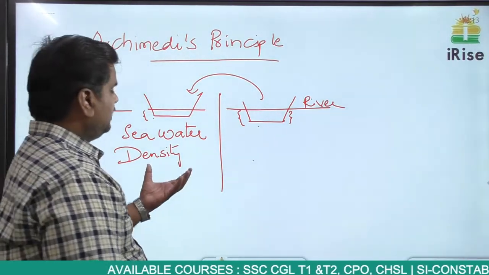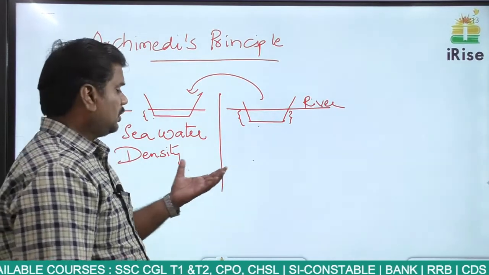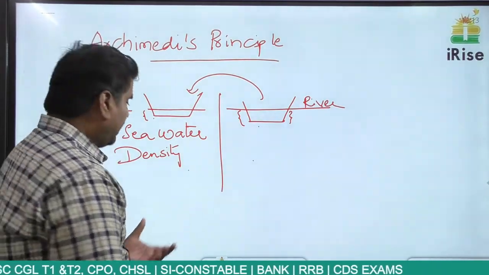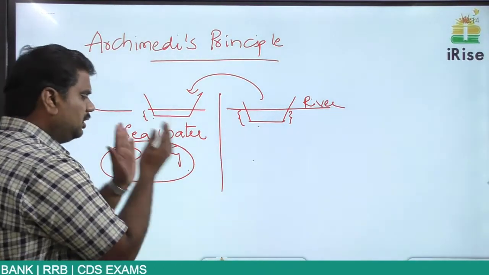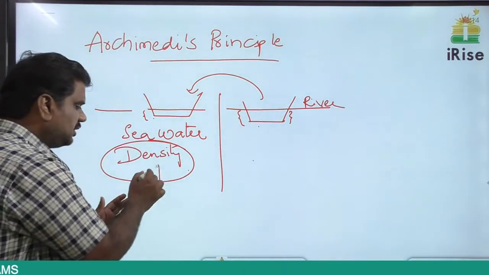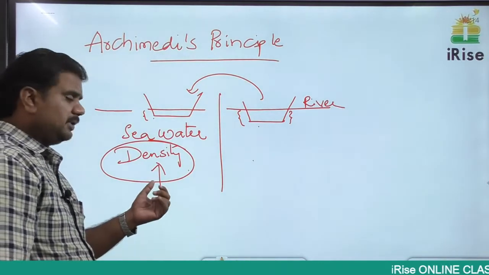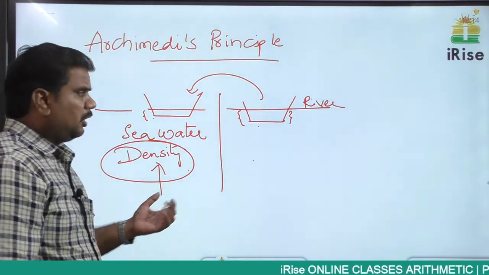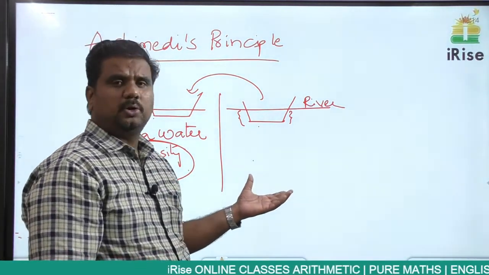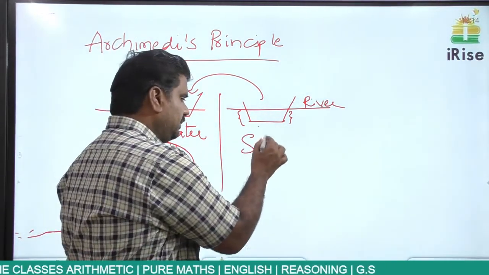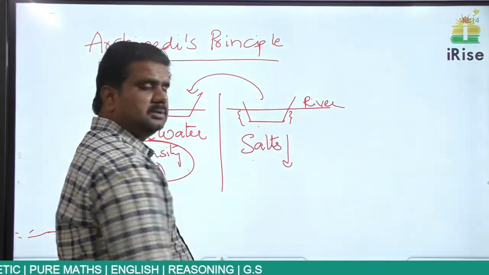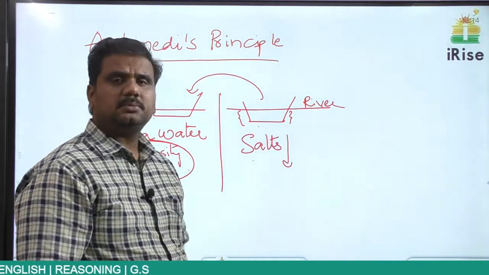Sea water has more density because of the presence of salts and minerals. River water is almost pure, so the presence of salts and minerals is less, and as a result the density is less.